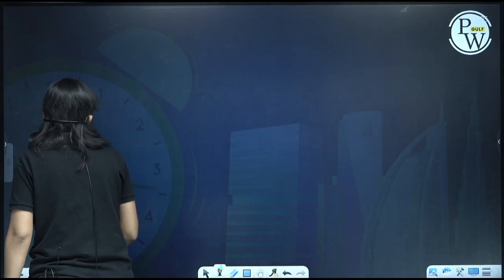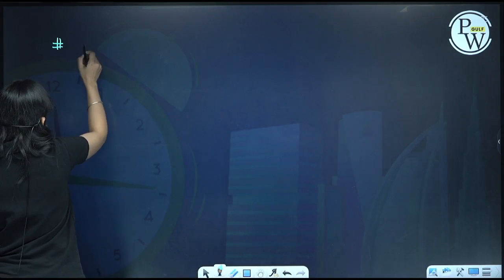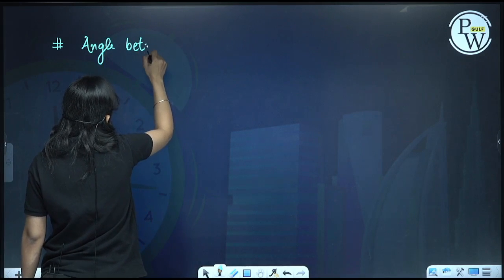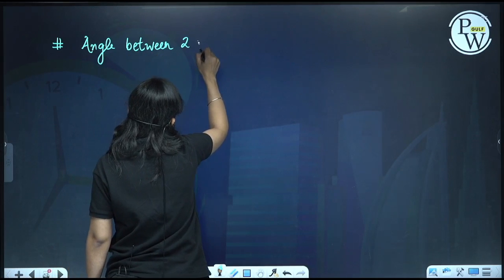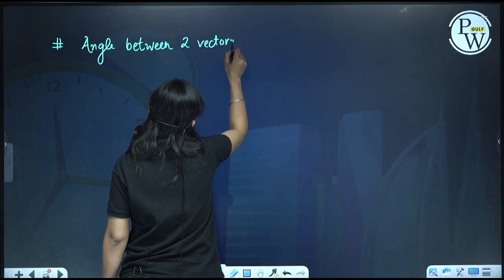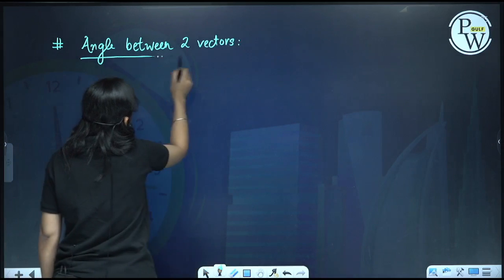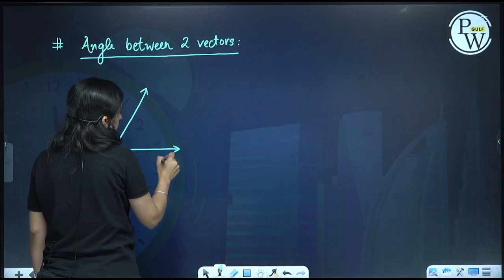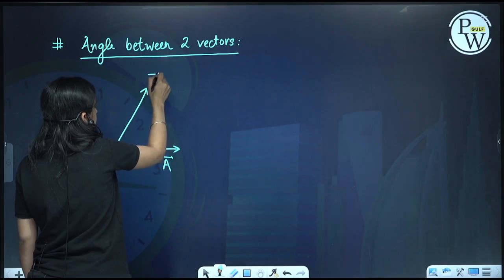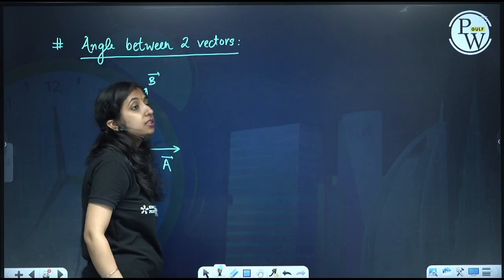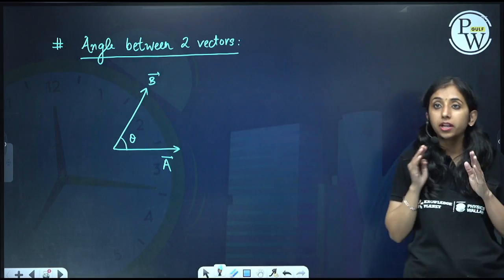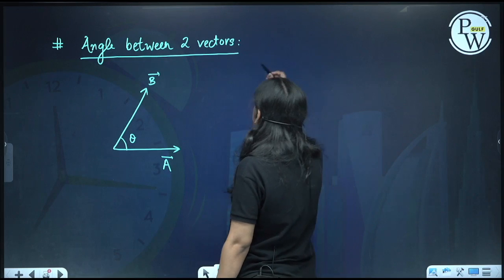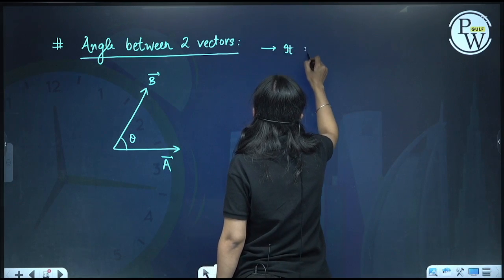Now, how to find the angle between two vectors? The angle between two vectors is the angle between their tails. If this is my A and this is my B vector, either we have to take the angle between the heads or the angle between the tails.